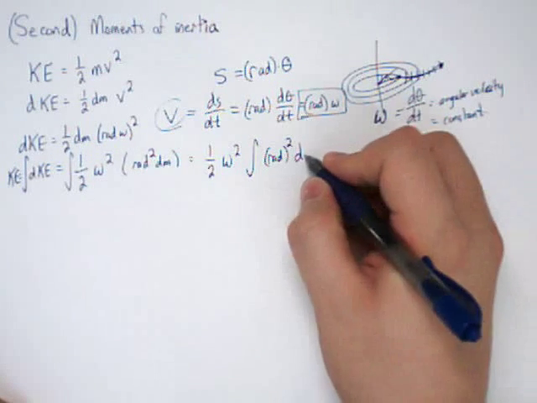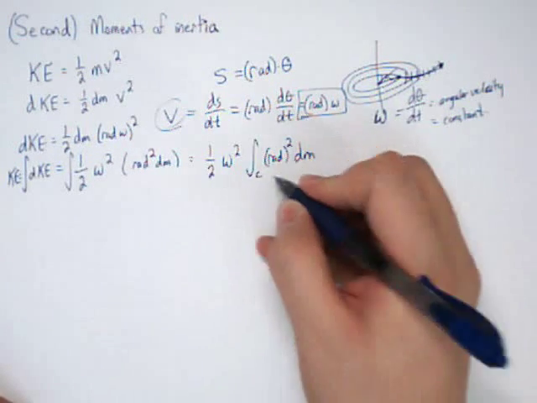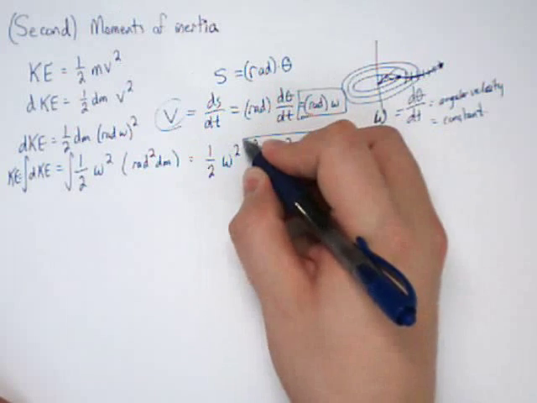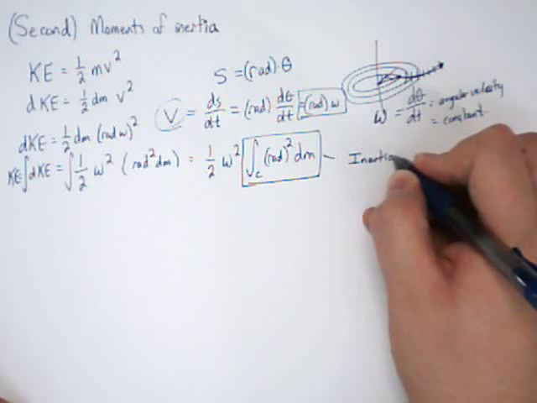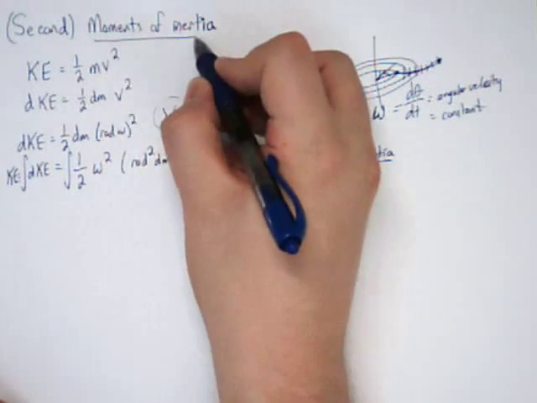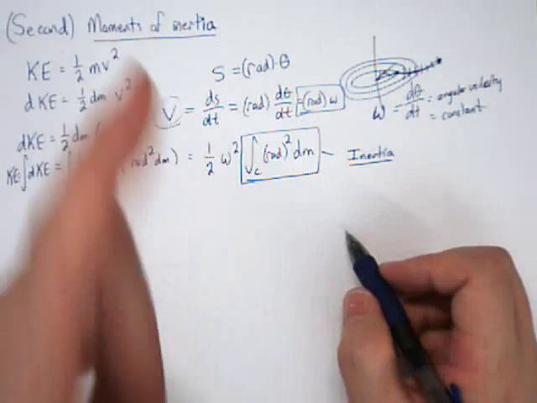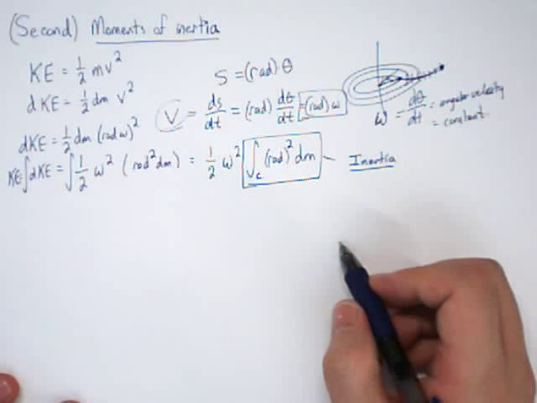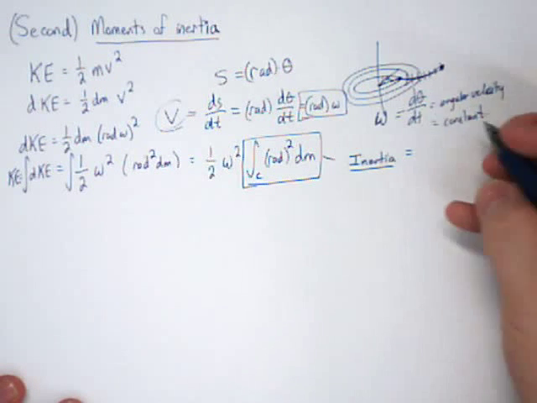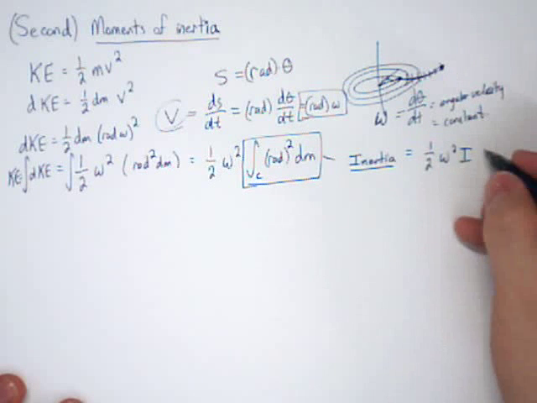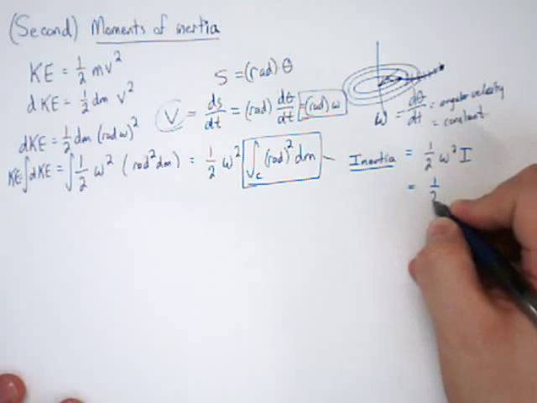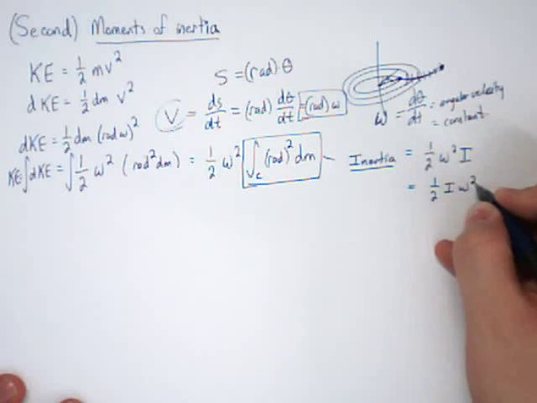The radius should be squared times a little bit of mass. This quantity inside the integral is given a name. It's called the inertia. Or it's called the moment of inertia. Or sometimes called the second moment of inertia. And so we can write this as 1/2 omega squared I. And I'm going to rewrite it once more as 1/2 I omega squared.